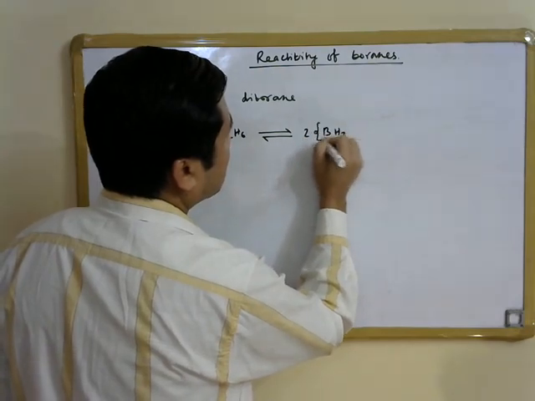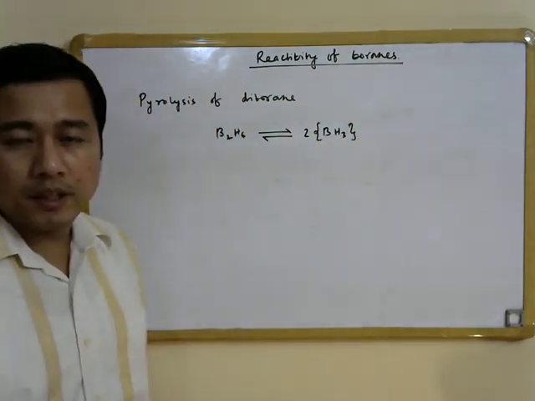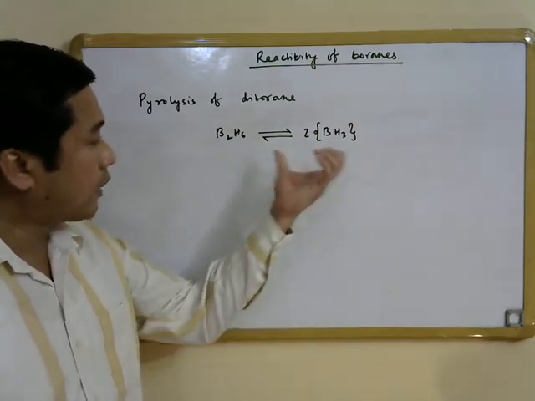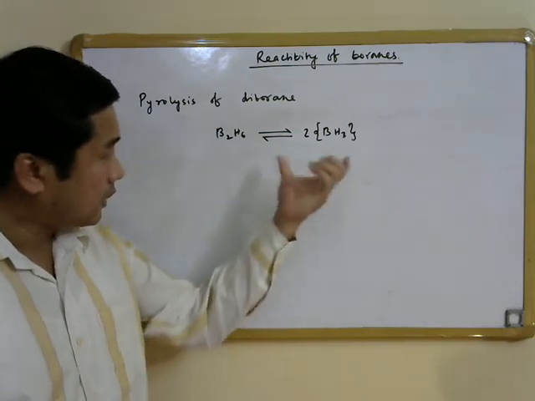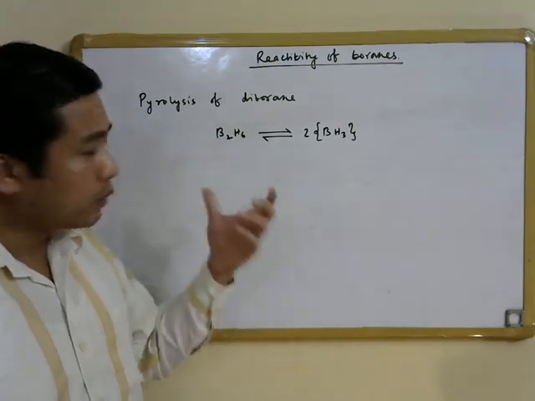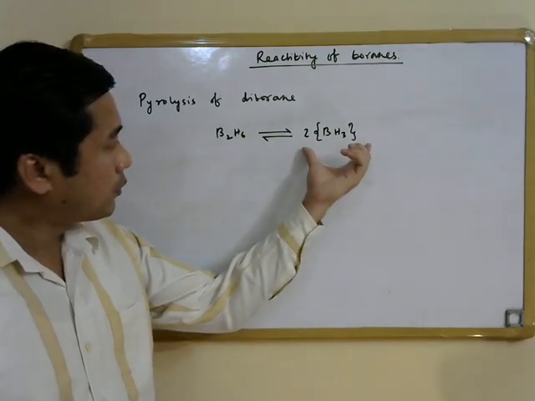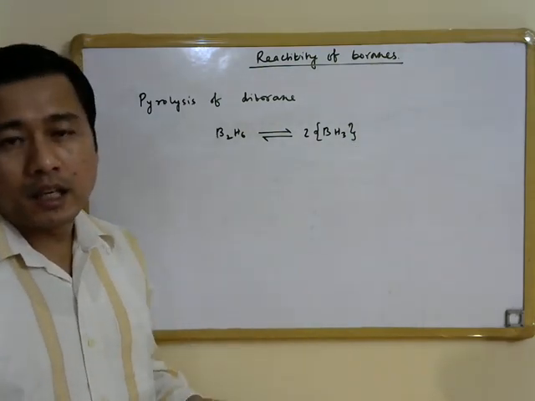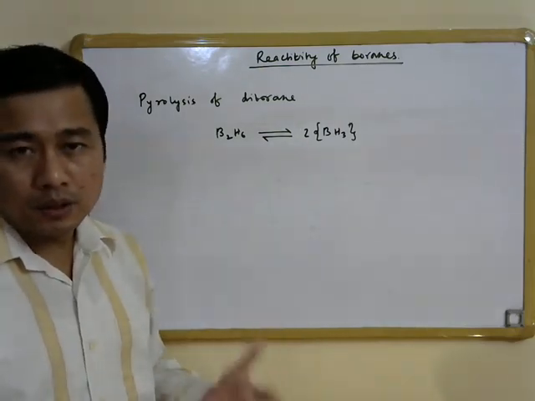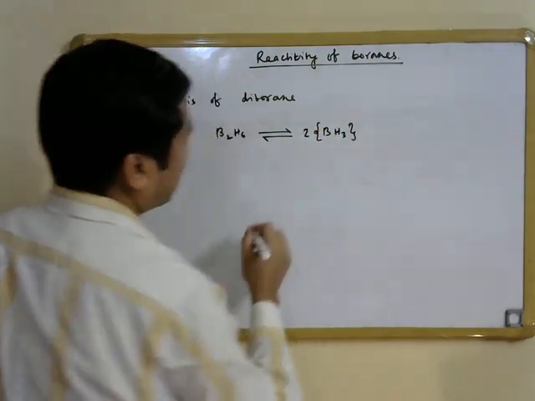BH3 is a transient intermediate, not stable enough to be isolated, so we put such species in curly brackets to denote that they exist only transiently and cannot be isolated as such.